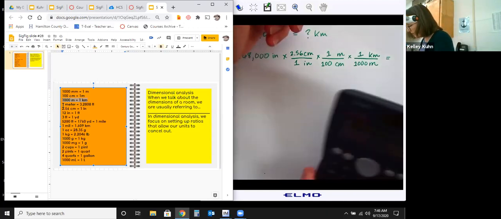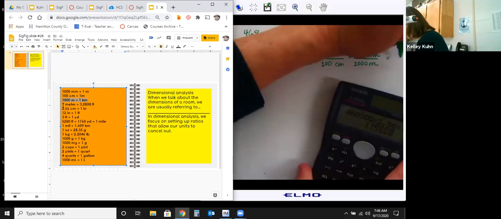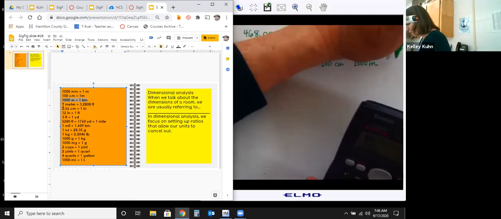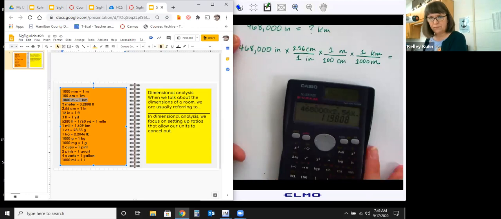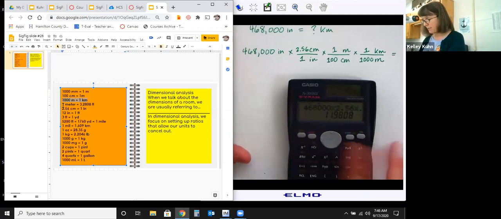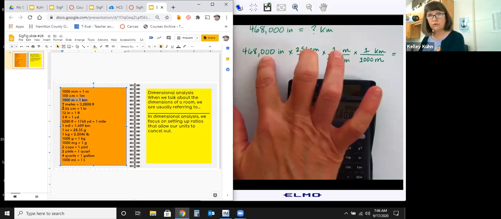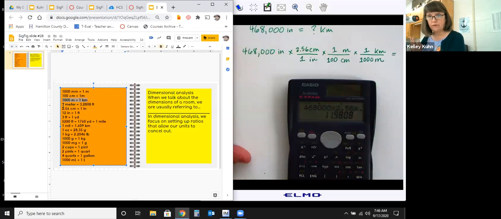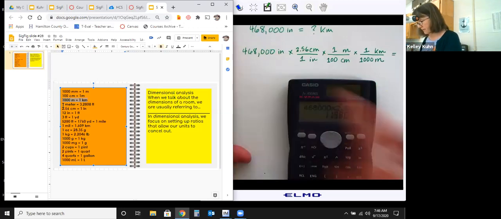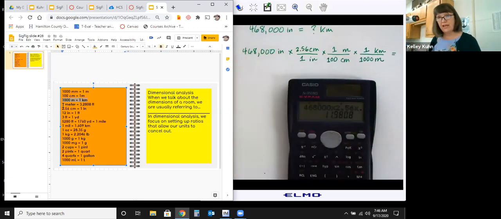So the number I get is, well, let's talk about sig figs here. I haven't talked about that yet. But how many significant figures are in this initial number? Well, these are trailing zeros with no decimal. So there's 3 sig figs, the 4, 6, and 8. So when I go to round my answer, I want to keep 3 sig figs.